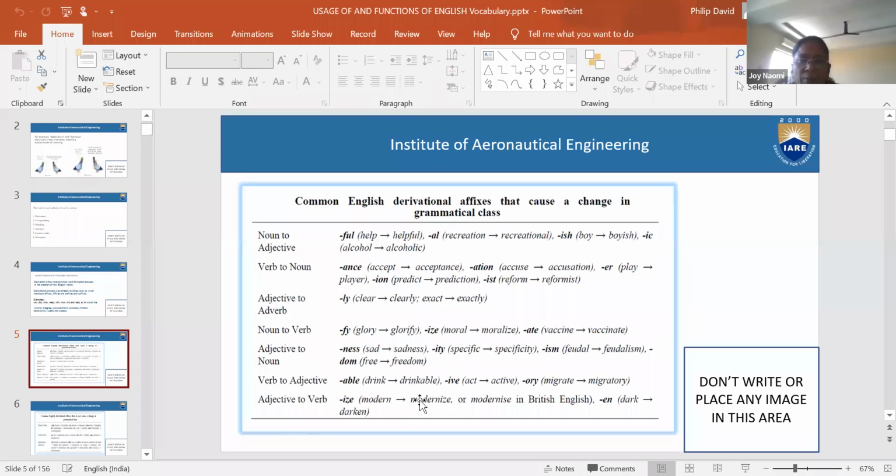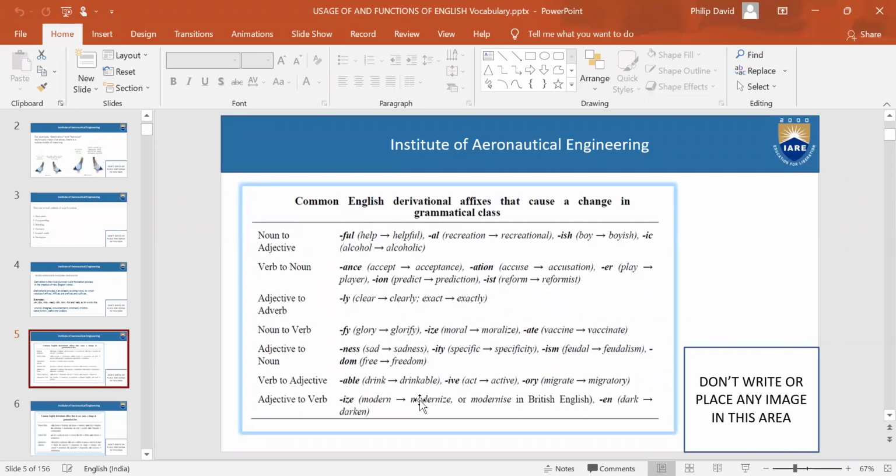Accept is a verb, and when you add a suffix to it, it becomes a noun, acceptance, or accuse, accusation, play, player, predict, prediction, reform, reformist. Please continue reading.